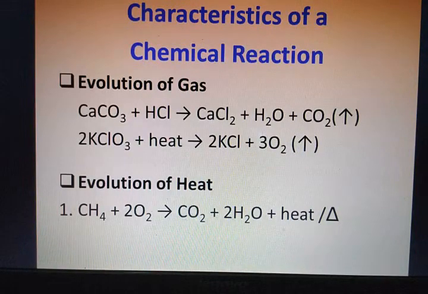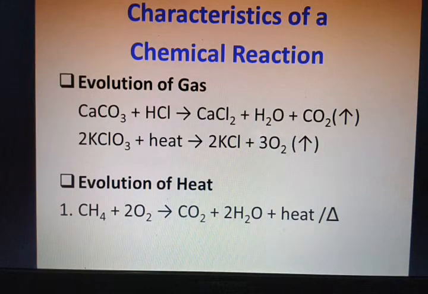One example is methane or natural gas, which when it burns in air gives out a lot of heat, and that heat is very important in many sectors. By this time you know that the triangle sign is a symbolic representation of heat.